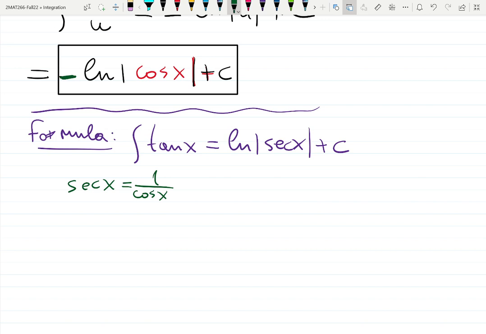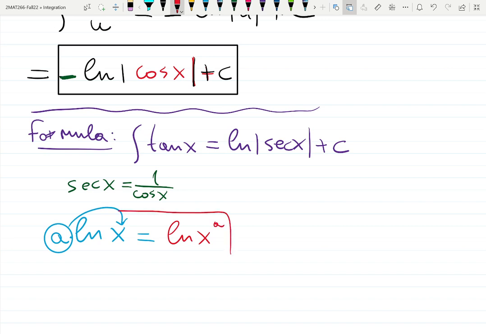Here. So it's interesting. They use two properties. Property number 1, log property. If there is a multiplied by log of x, this a can jump into the exponent. So it's going to be ln x to the a. So they use this with a negative sign.